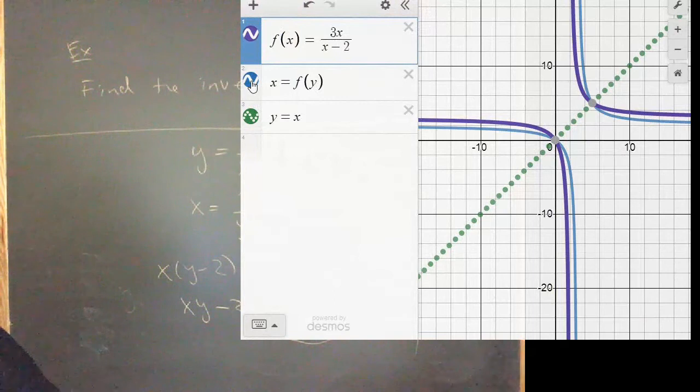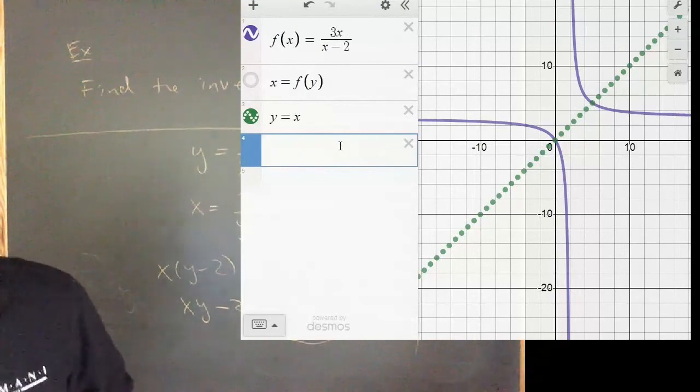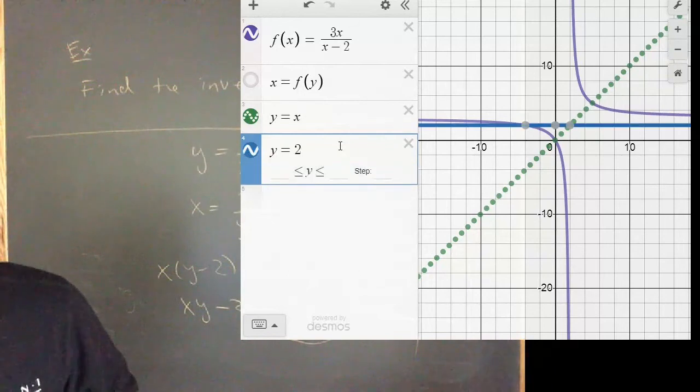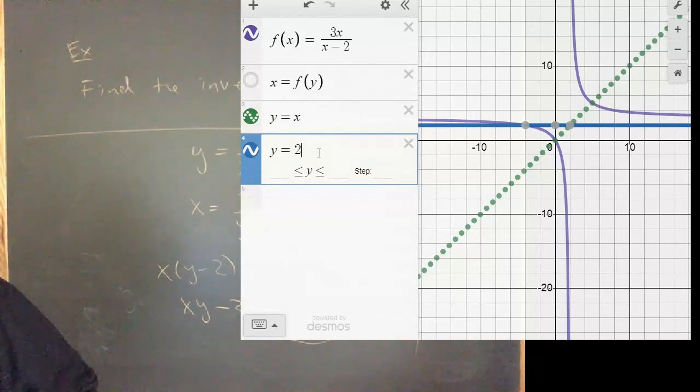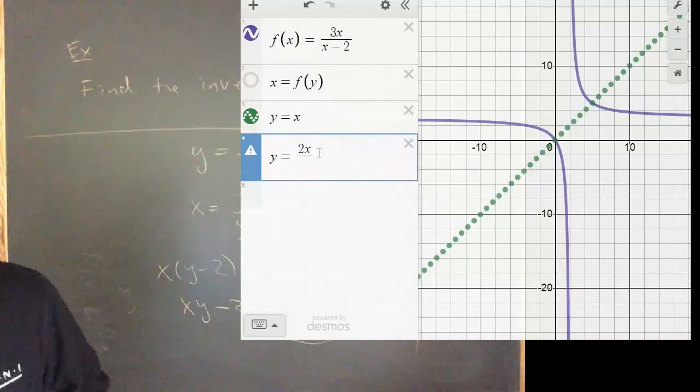We want something like this blue one here. So how do we do it? Well, we have that equation that we just came up with. It was y equals 2x divided by x minus 3.